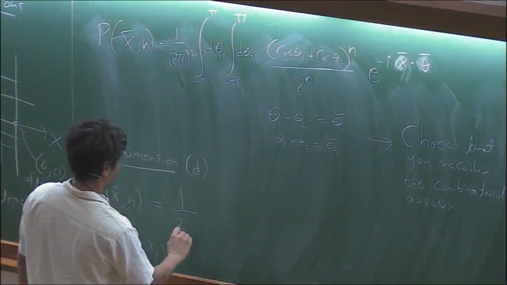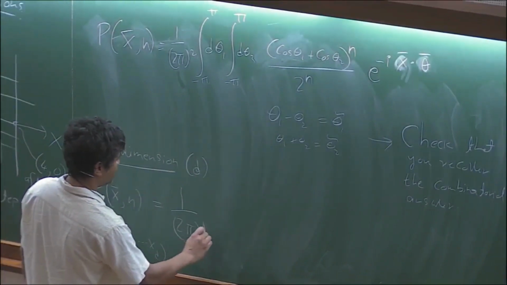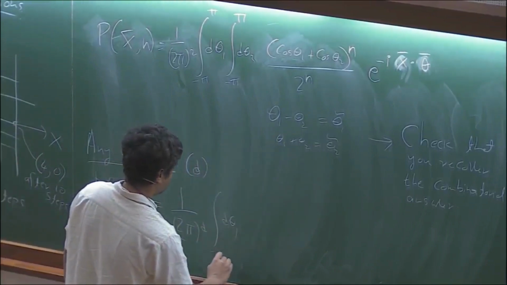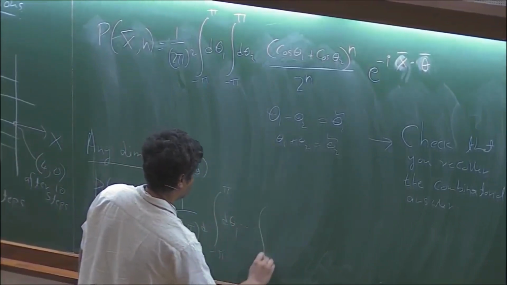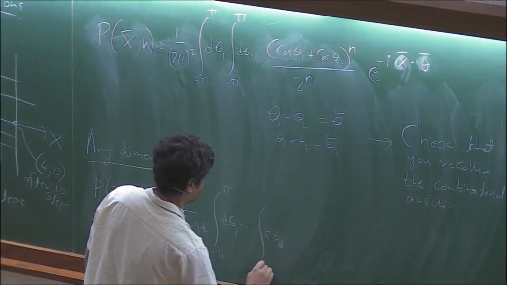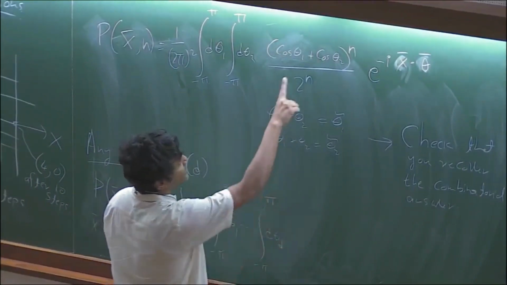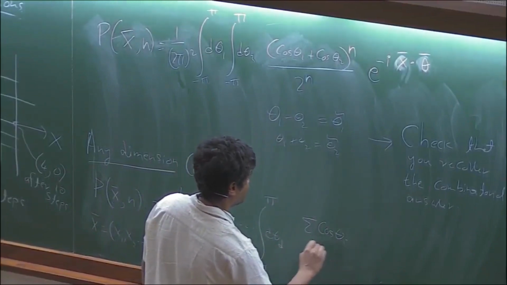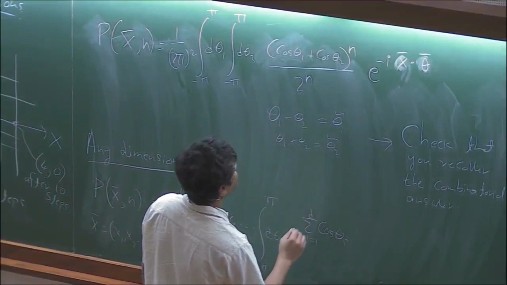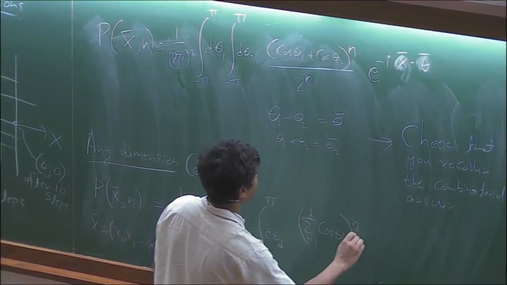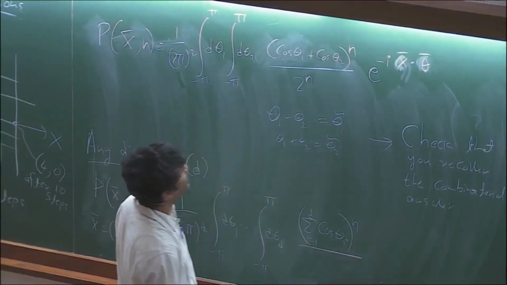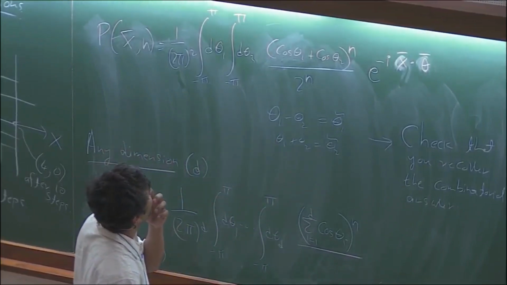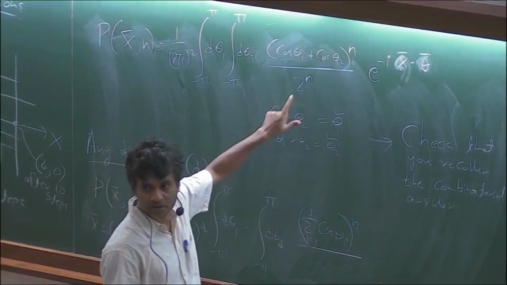1 by (2 pi) to the power D, and obviously there should be D integrals, d theta 1 through d theta D, from minus pi to pi. And then this should just be replaced by a summation of cos theta, divided by D. So this should be what now?